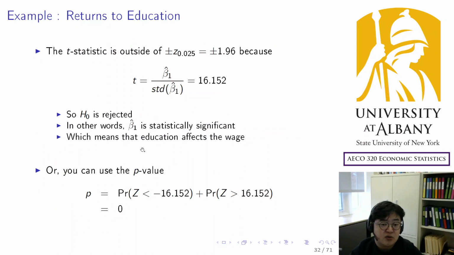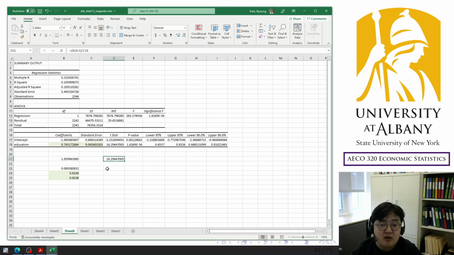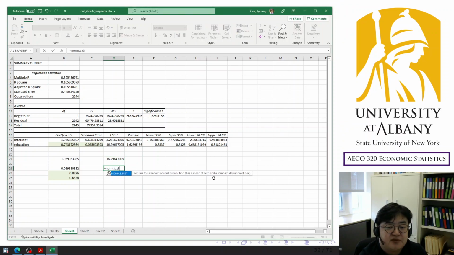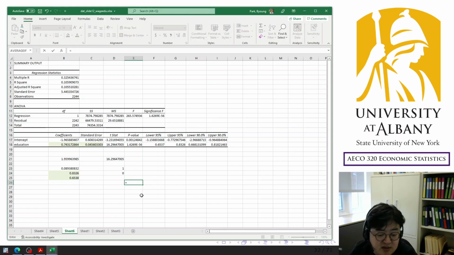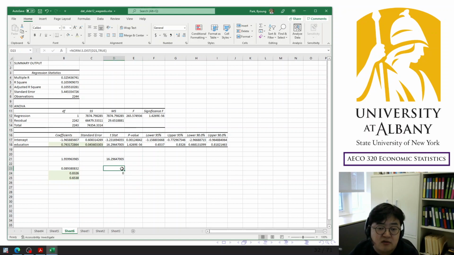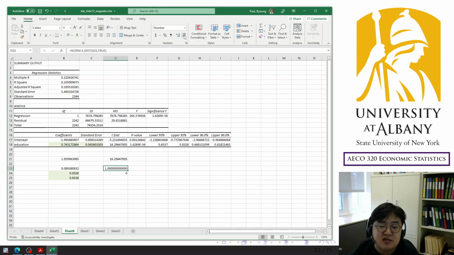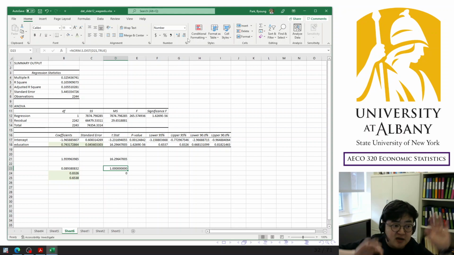Okay, so also, based on the t-statistic, you can calculate the p-value. Let me do that. To calculate this, I will calculate the cumulative probability of the t-statistic and take 1 minus that, so it is 0. Then multiply by 2. Think of it this way: this probability is the probability on the right tail.